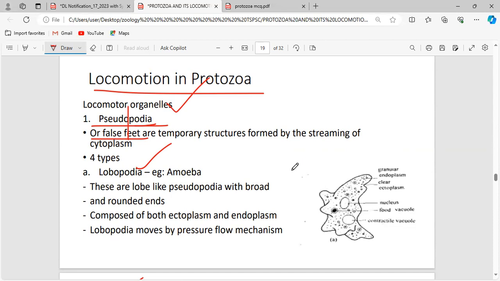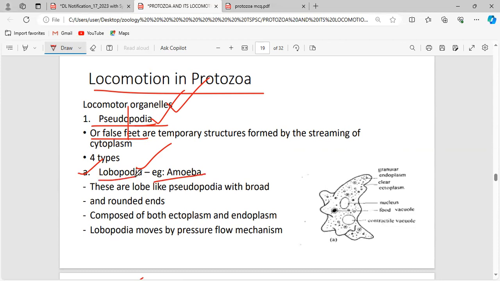Just the movement of cytoplasm is said to be the streaming of cytoplasm. The four types of pseudopodia are: first one is lobopodia, and the best example is amoeba.